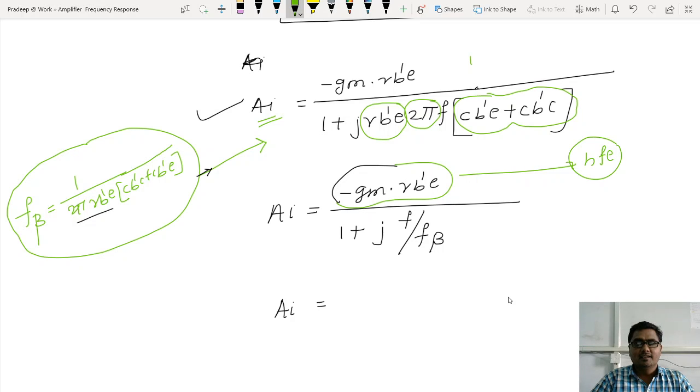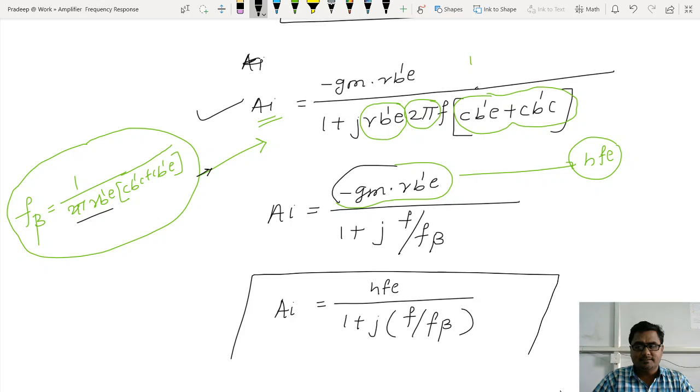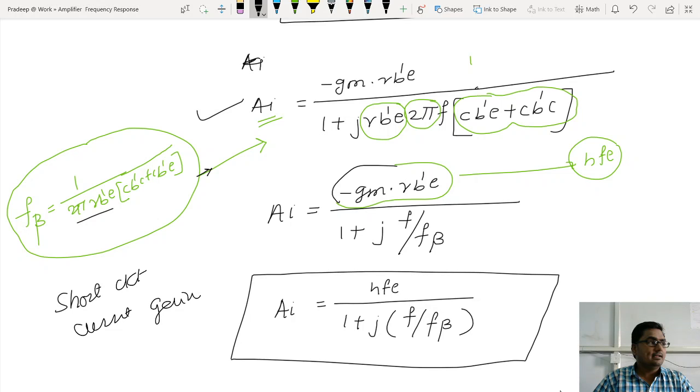So, as a purely optional thing, you can rewrite the equation as hfe divided by 1 plus J f divided by f beta, and this is the value of short circuit current gain at higher frequencies.